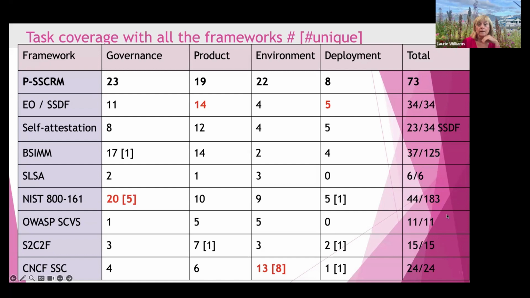For the environment, cloud native was, and for deployment, SSDF was. So the red shows you what's the most influential framework. In the brackets are tasks that only appeared in one of the frameworks. So, for example, NIST 161 had 5 tasks in governance that didn't show up in any of the other frameworks. So really, they all did play a part.